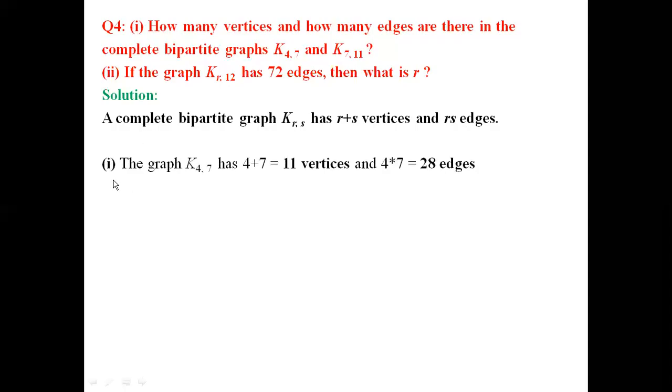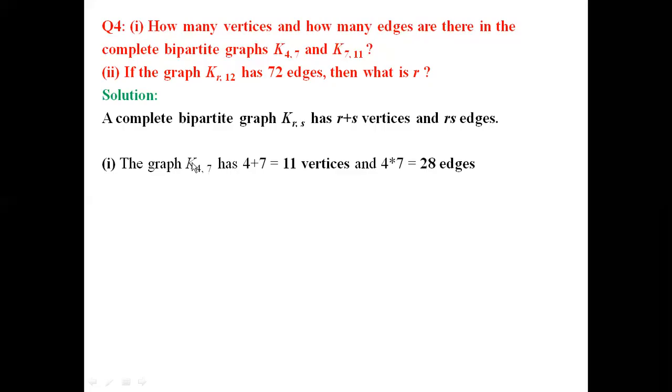First part of the problem. It is given that we have to find, for K4,7, how many vertices and how many edges it has. So r and s are respectively 4 and 7.